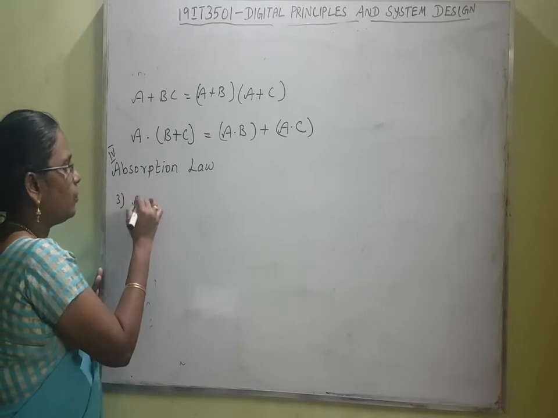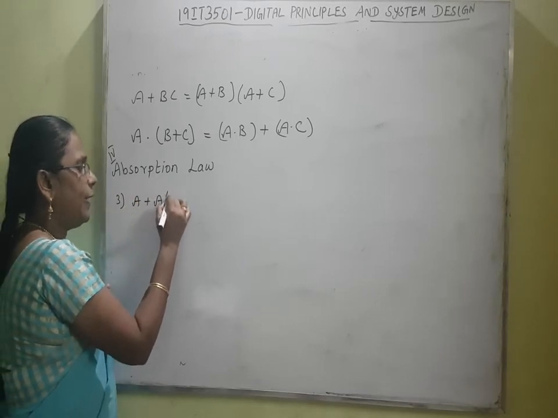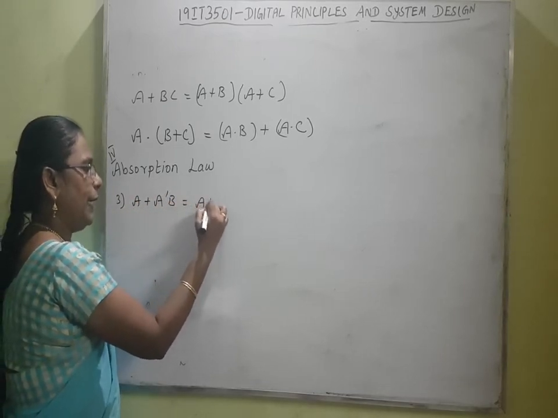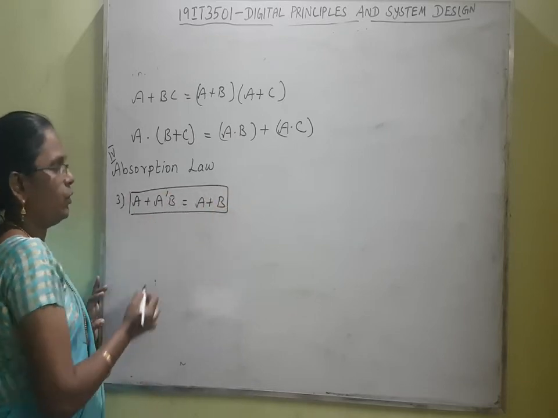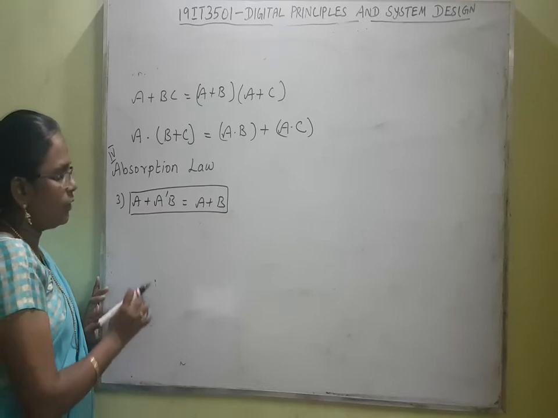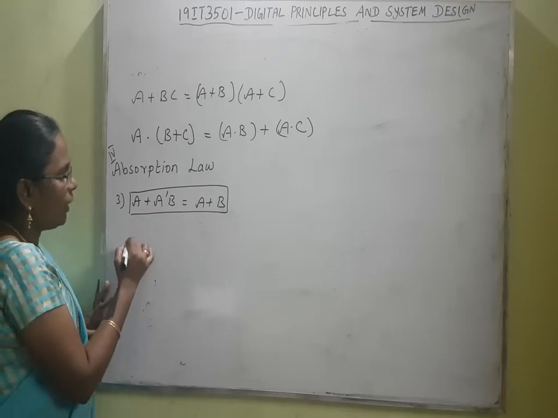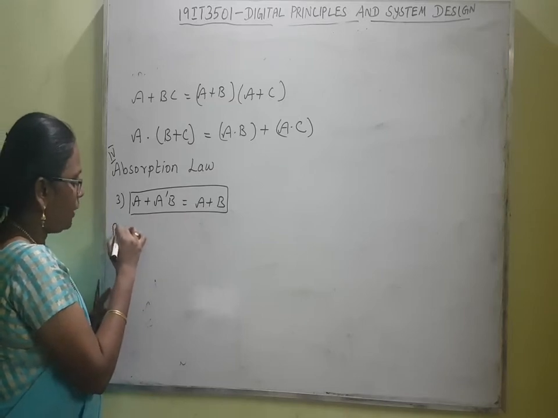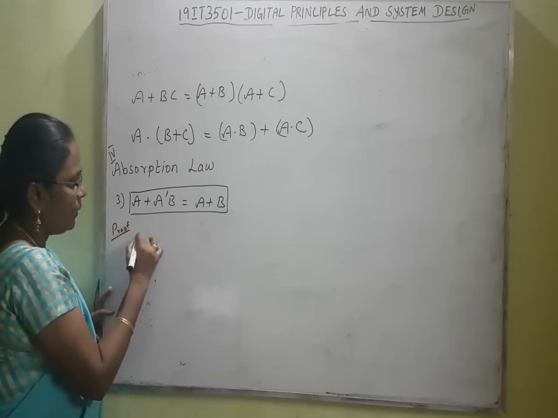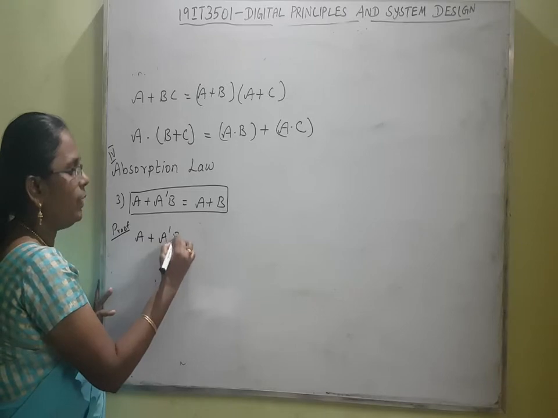The third one, in the absorption law, is a plus a dash b is equal to a plus b. So how are we going to prove this? This is another absorption law. A dash term is being absorbed. So let us take the proof of this side: a plus a bar b.